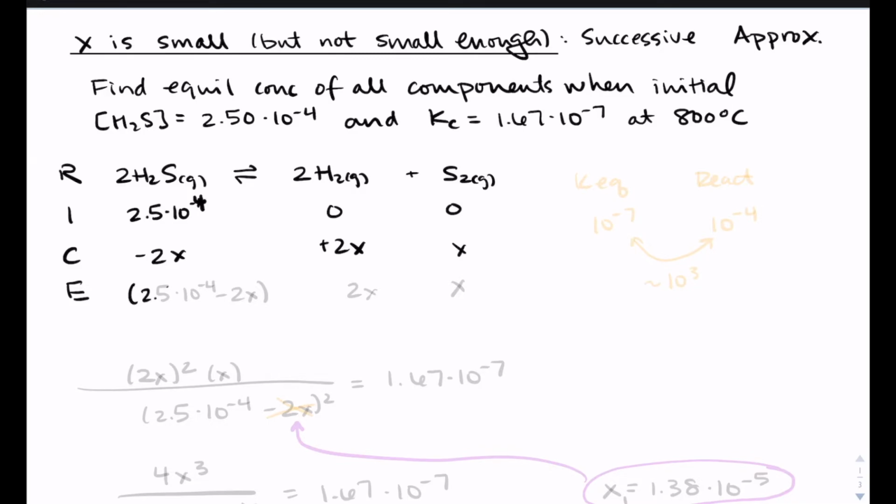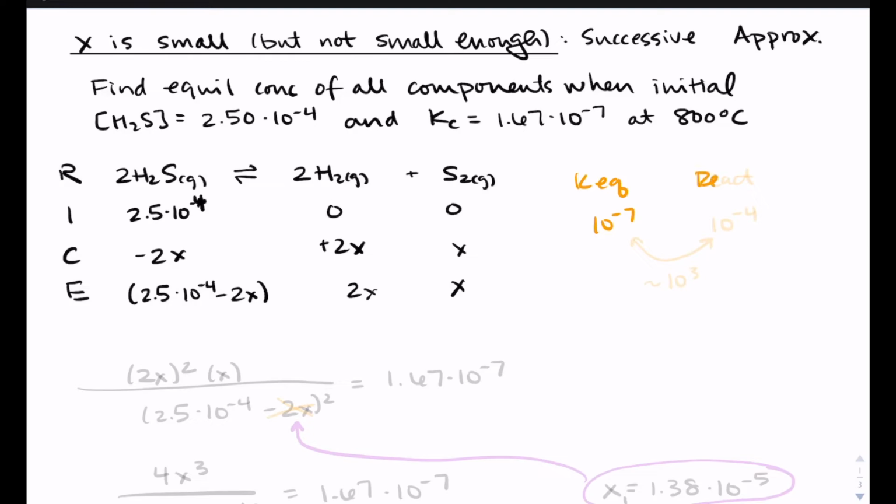We have the same reaction, we have the same equilibrium constant. We're going to start with a smaller initial reactant concentration, 2.5 times 10 to the minus fourth for the concentration of H2S, still 0 for H2 and S2.